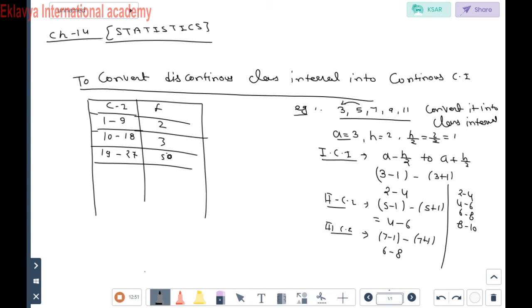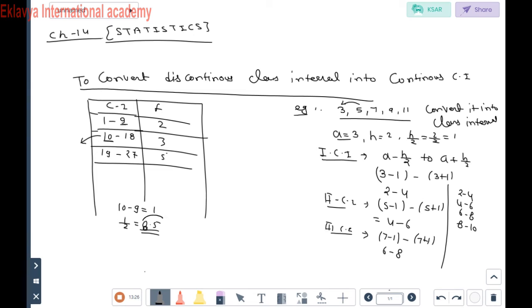So first, what is the lower class limit of the coming class? 10. What is the upper limit of the previous class? 9. Then we find the difference: 10 minus 9 is 1. Then the difference divided by 2, 1 upon 2, that is 0.5. Firstly, we find the difference between the lower limit of the coming class and the upper limit of the previous class, then divide by 2, giving 0.5.